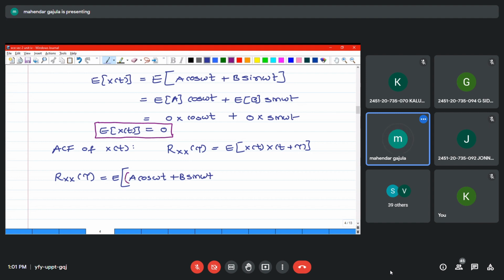This is xt, and xt plus tau is a cos of omega t plus omega tau plus b sin of omega t plus omega tau.